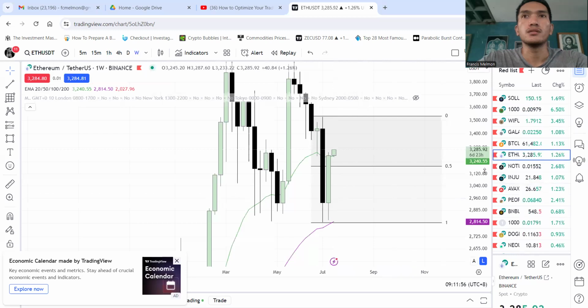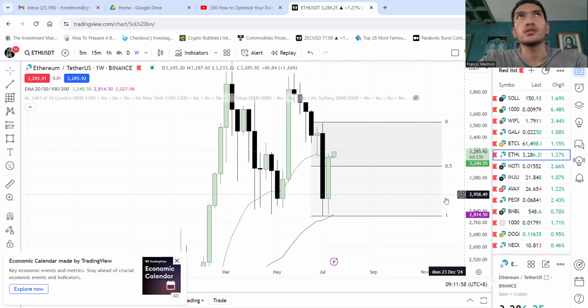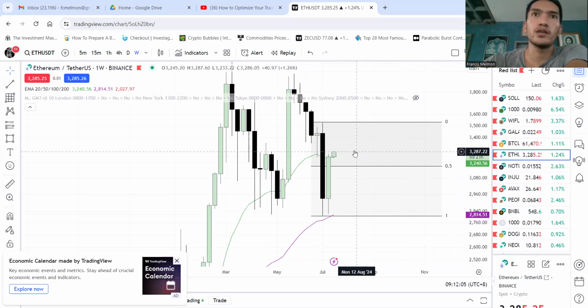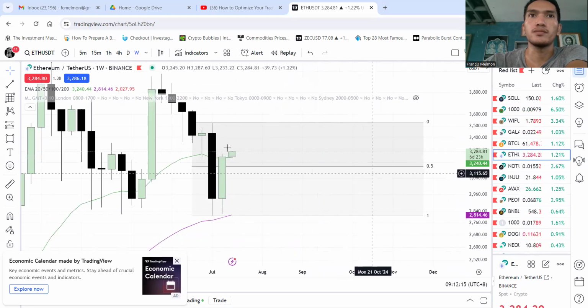What do we call this? If it's going to continue, we could break that particular movement if we have a close higher, or we have a close of a bullish candle in this area.